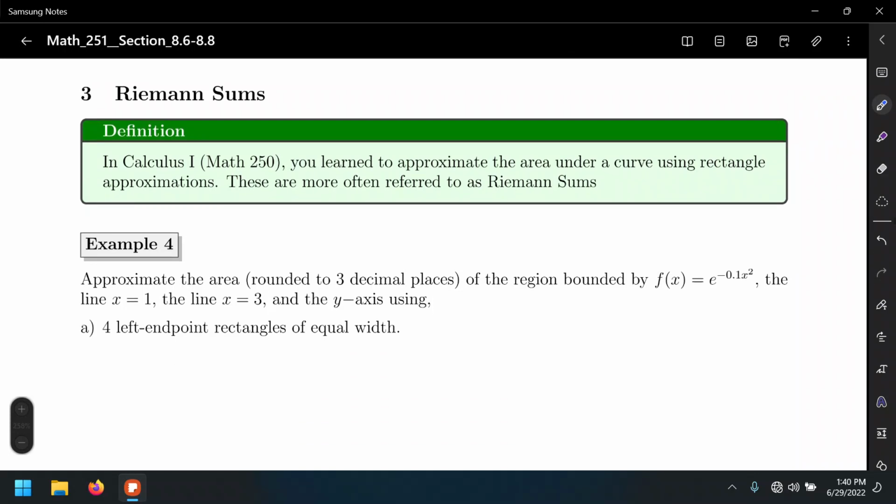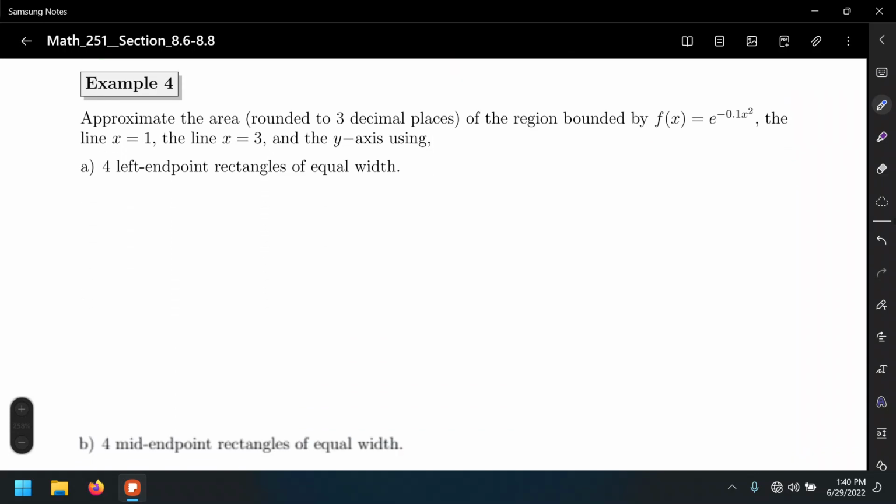So let's go back to what Riemann sums were. And it's good to revisit this so you can see the comparison with the 2 methods that we're going to learn in this class, which number 1 is the Trapezoid Rule and the other one is the Simpson's Rule.